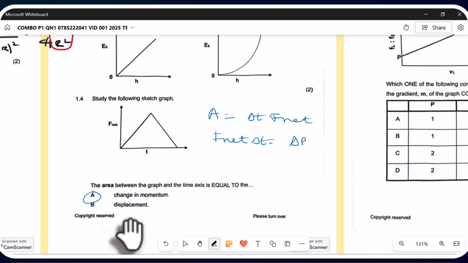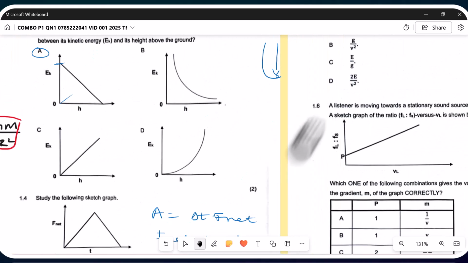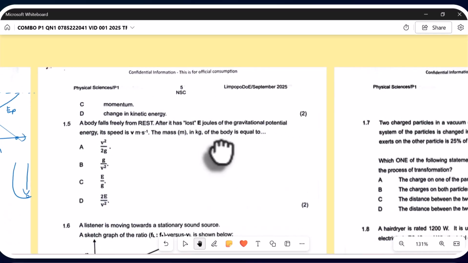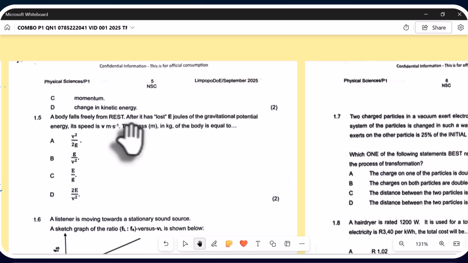Our answer here. Then, from Limpopo trial 2025, a listener is moving towards a stationary sound source. A sketch graph of the ratio f listener to f source versus v listener is shown below. They said, which one of the following combinations gives the value of the intercept P and the gradient m of the graph correctly.